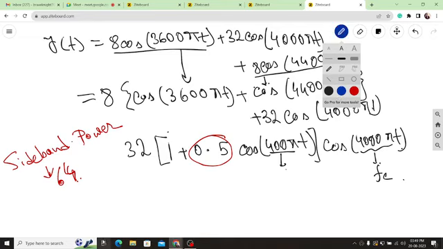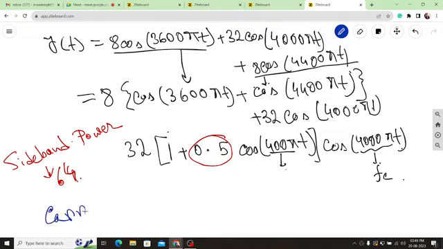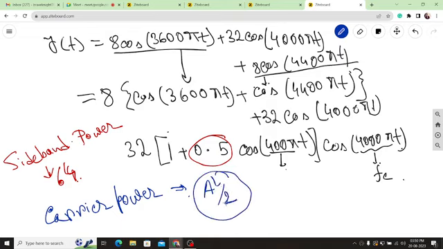And what is the carrier power? The carrier power is A squared by 2, where A is 32. So this is 512.